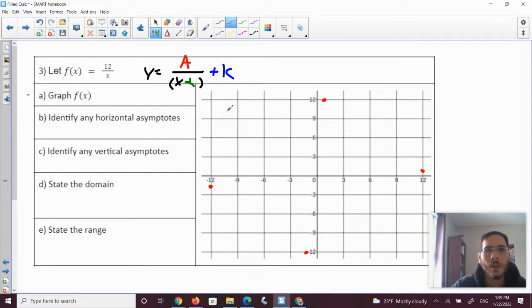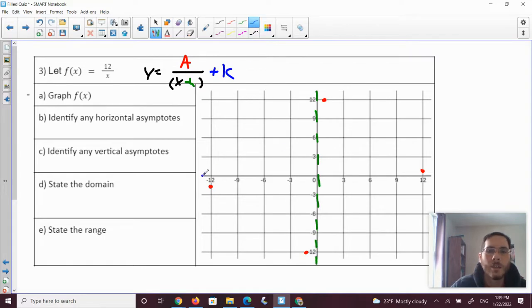I also know since h is 0, that I'm going to have an asymptote here. Oops, wrong way. Got ahead of myself. So h is 0, so that's our left and right. So that's our vertical asymptote. That goes with the x. All right.